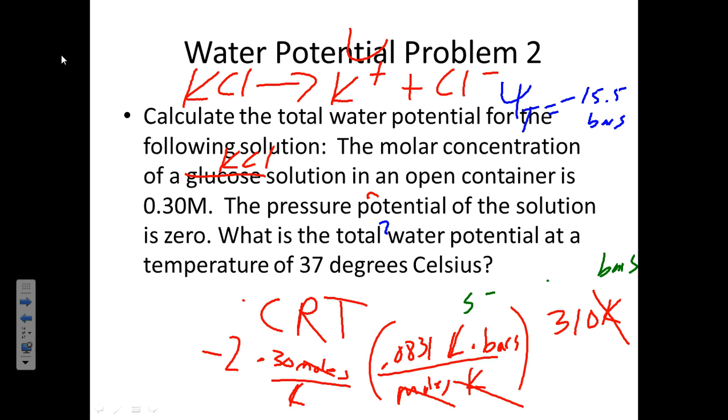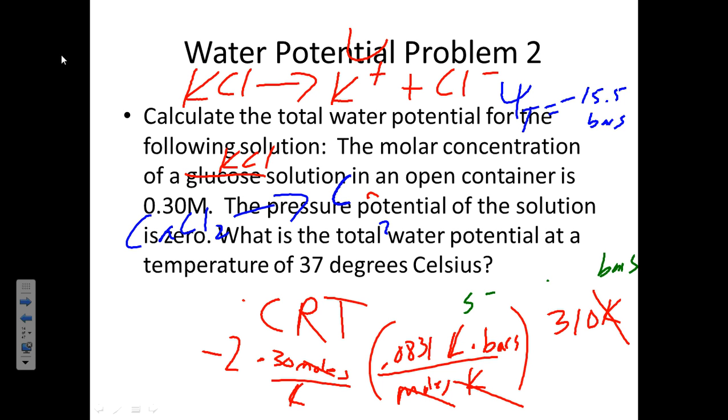So if it's sugar, i is 1. If it's a salt, you have to break it up into ions and count how many charged particles there are, and that's going to give you i. How many charges. If it was calcium chloride, for example, what does that break up into when you put it in water?